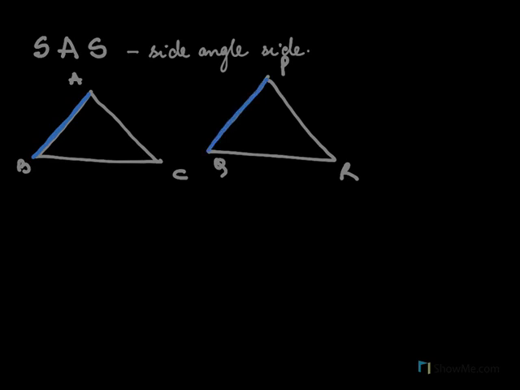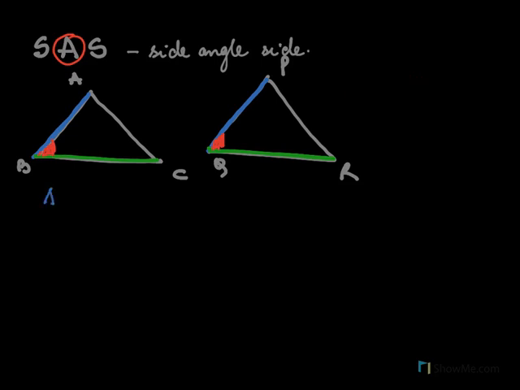So that is 1S. Then another side, this side here is equal to this side. So I got another S here. And the angle in between, SAS, the angle in between, this is the angle in between. This angle should be equal to this angle. Then I can say the triangles are congruent.